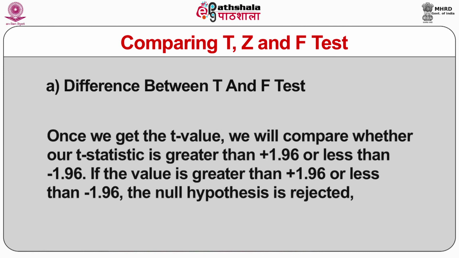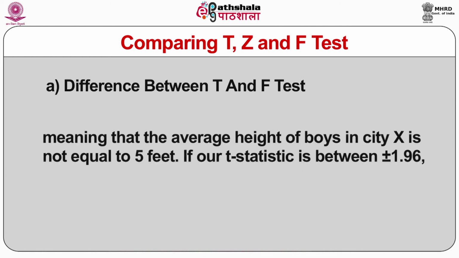Now, once we get the T value, we will compare whether our T statistic is greater than plus 1.96 or less than minus 1.96. If the value is greater than plus 1.96 or less than minus 1.96, the null hypothesis stands rejected, meaning that the average height of boys in city X is not equal to 5 feet.